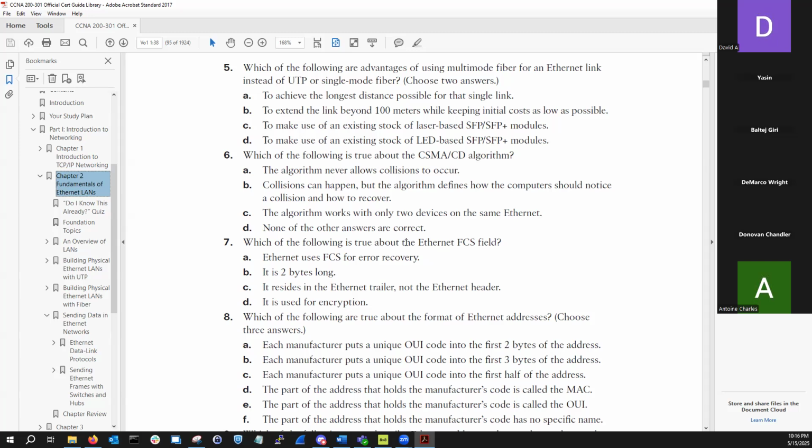Therefore, some type of communication, which is usually half duplex, is allowed to occur. So if a collision happens, there's a timer or some type of delay, which the algorithm does. That way, one computer can transmit, and then the other computer can transmit on the network. So that would be B. That's correct. Great job.